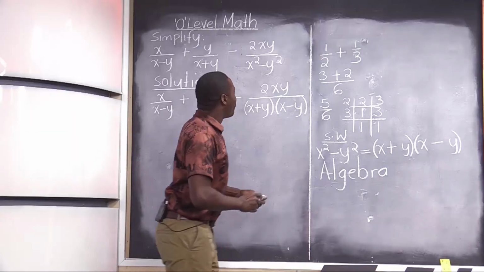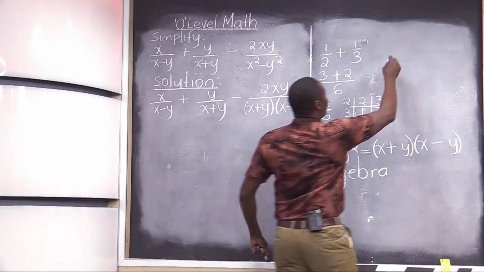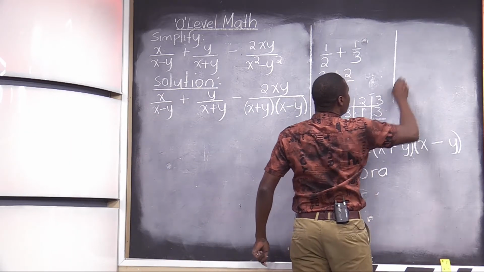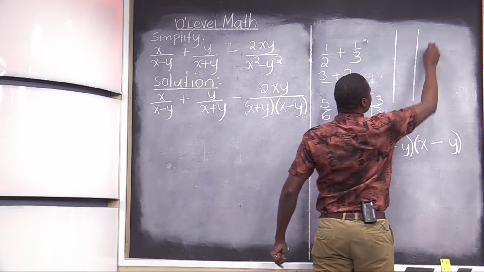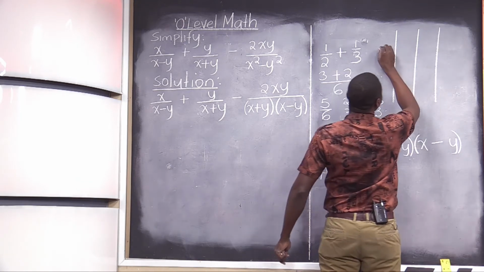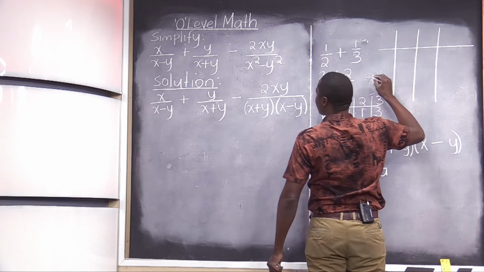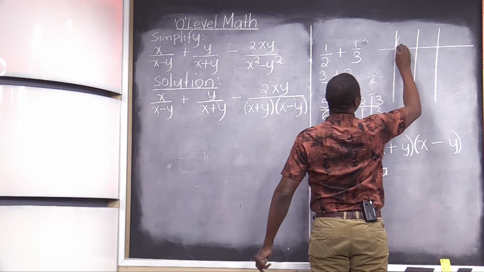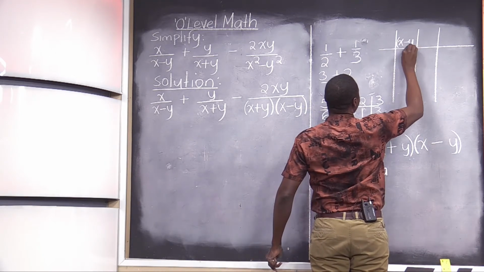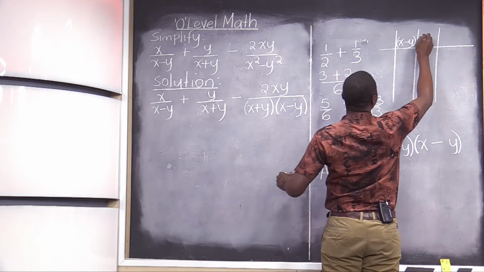Now, viewers, we are looking for the LCM. We need the LCM of the first bracket, the second one, and then the last one. The first one is x minus y. The next one is x plus y.